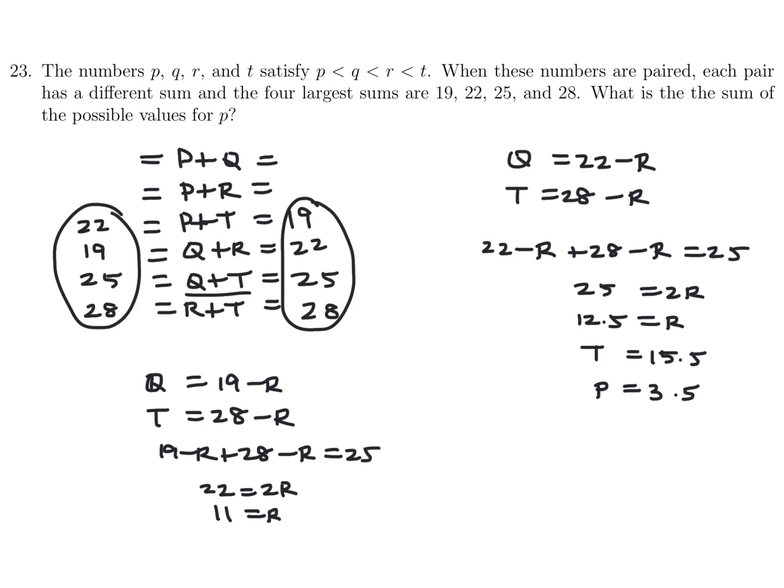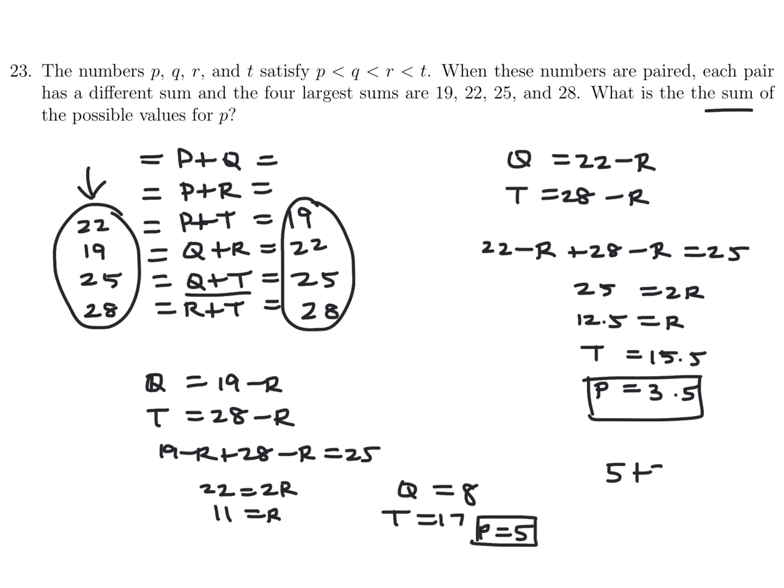And if R is equal to 11, then Q would be 8, and then T would be 17, and then P would be 5. So these are the two values of P, and they want the sum, so it would be 5 plus 3.5, which is 8.5.